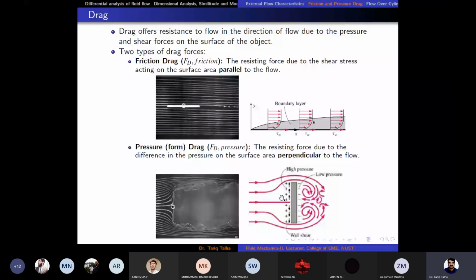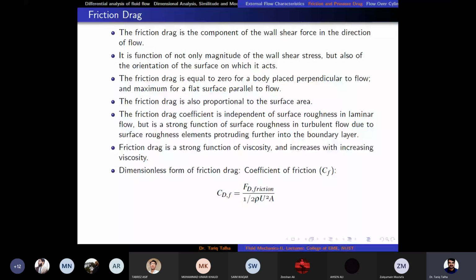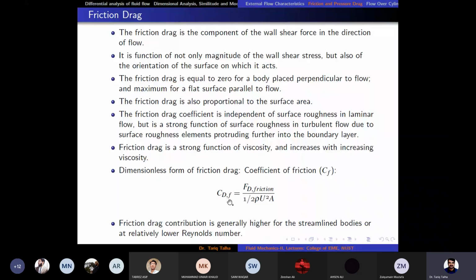So these are the two components, and then we discussed the detail in the last class that friction drag, as I have told you, is a strong function of viscosity and velocity gradient at the solid surface. And the coefficient of drag due to friction would be equal to the frictional drag force divided by half rho u squared into area.